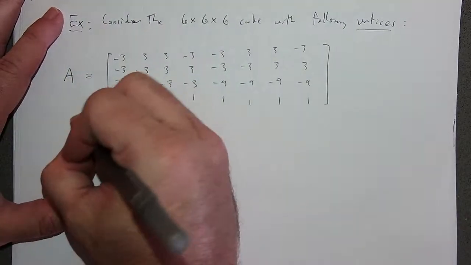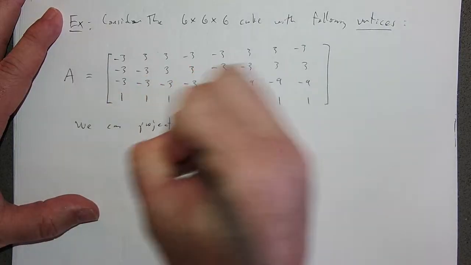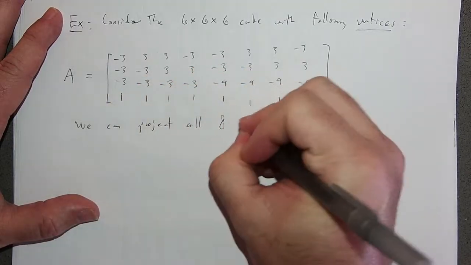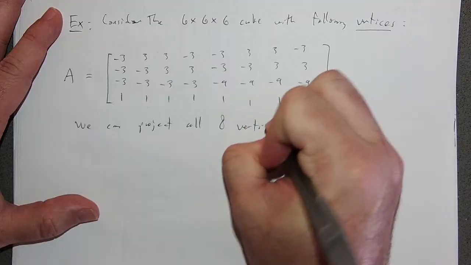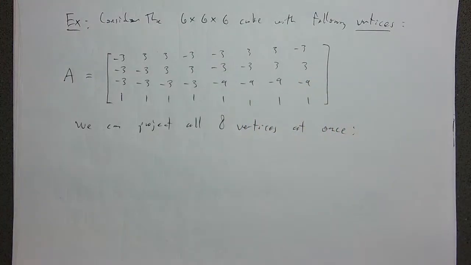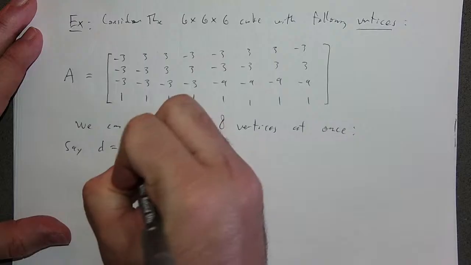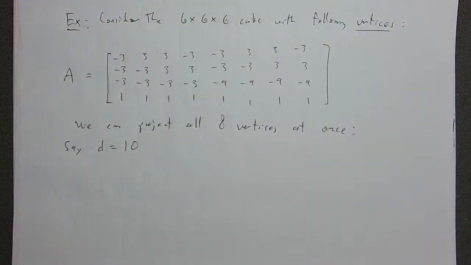So we can project all 8 points at once. Let's say D is equal to 10. That is, we're viewing this cube above the xy plane at a distance of 10, so I am 10 units up the positive z axis.